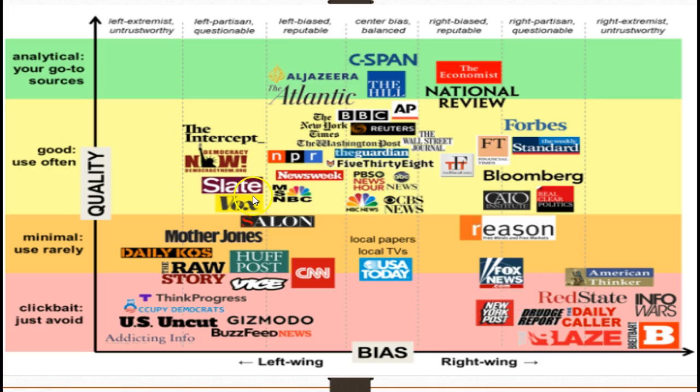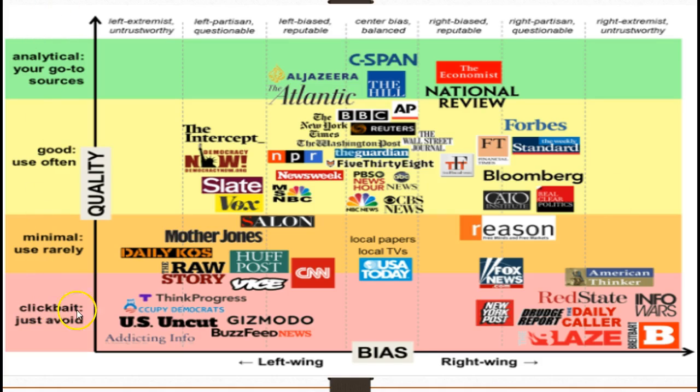Then you have two biased reportings and then one that is center biased. If you only stay on one side, your views are probably going to be shaped to have a strong bias in one direction versus the other.